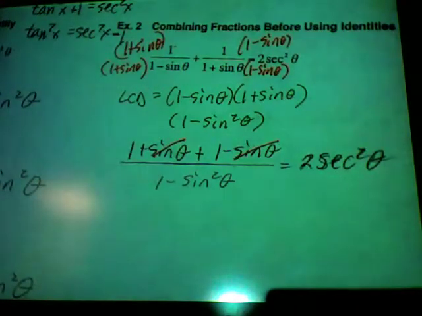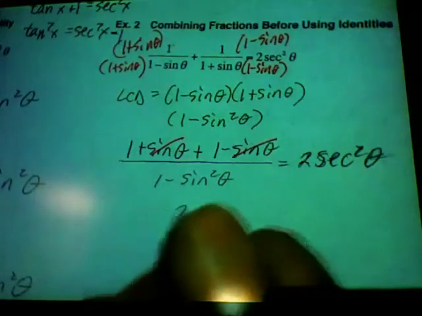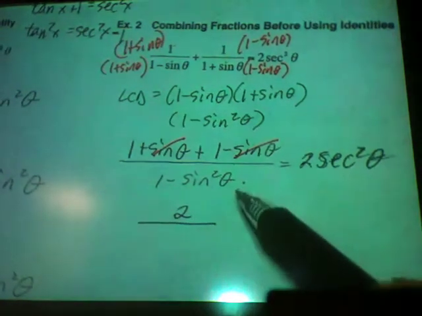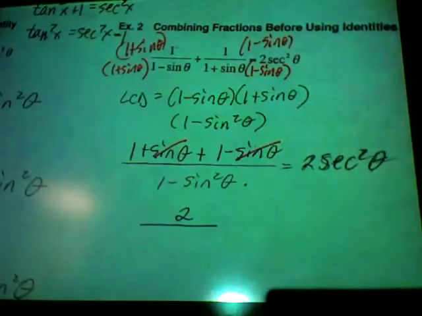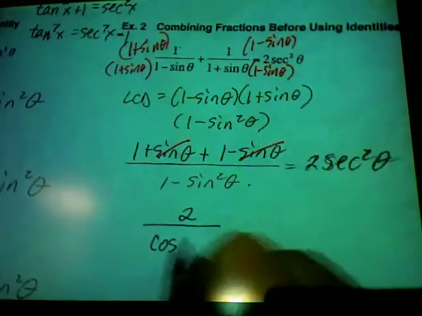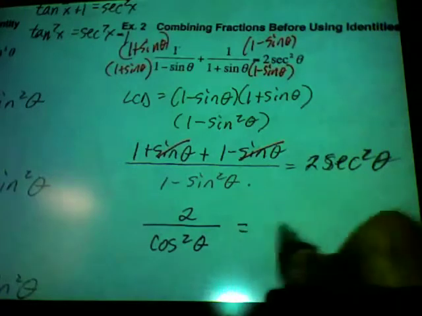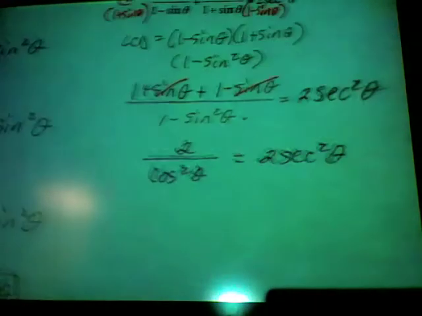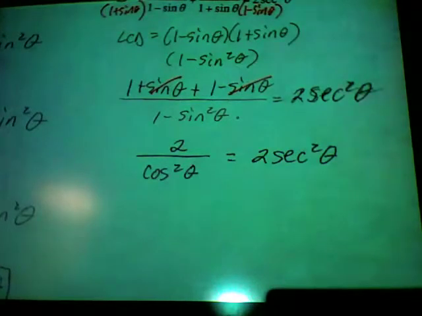It's very similar to the one that was done on the board today, right? And so you got 1 plus 1 is 2 over, can I replace this with anything? Cosine squared theta is equal to 2 secant squared theta. Now what shall I do?